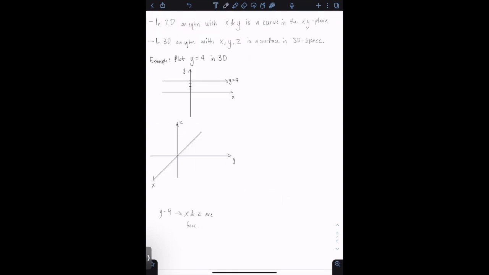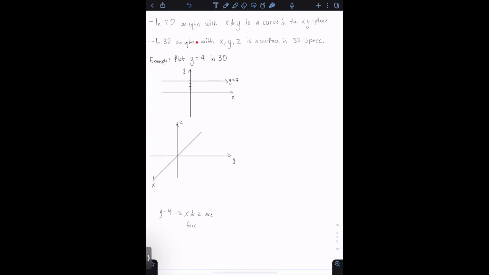All right, so let's talk about how to plot in 3 dimensions. In 2 dimensions, an equation with X and Y is going to be a curve in the XY plane. For example, Y equals X squared is just going to be a two-dimensional parabola in the XY plane.